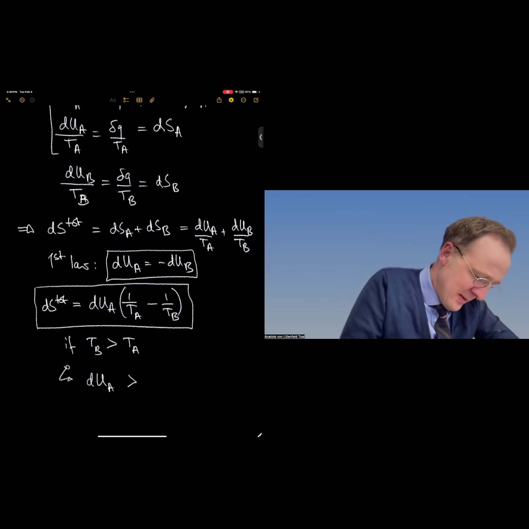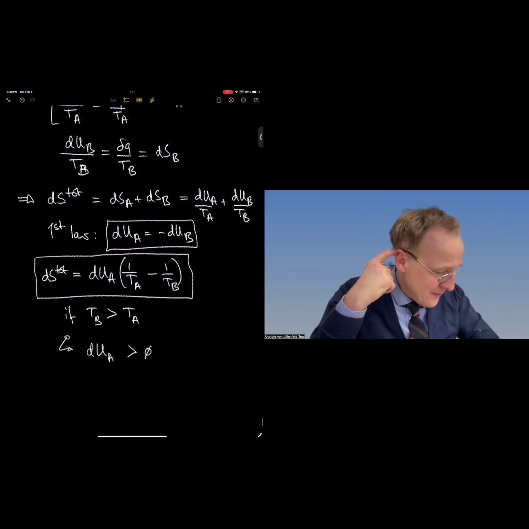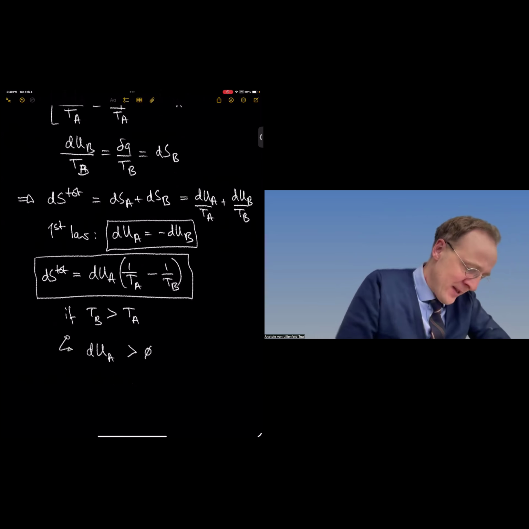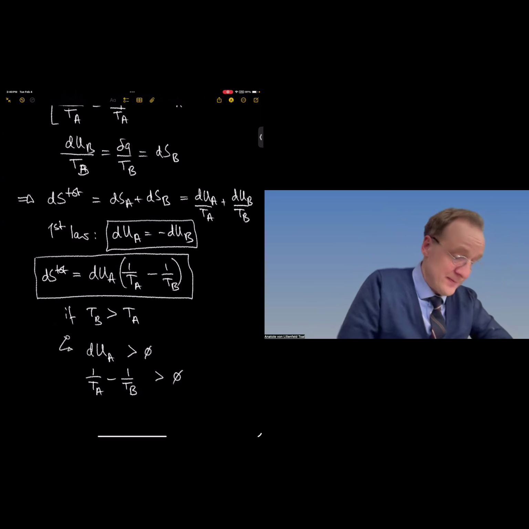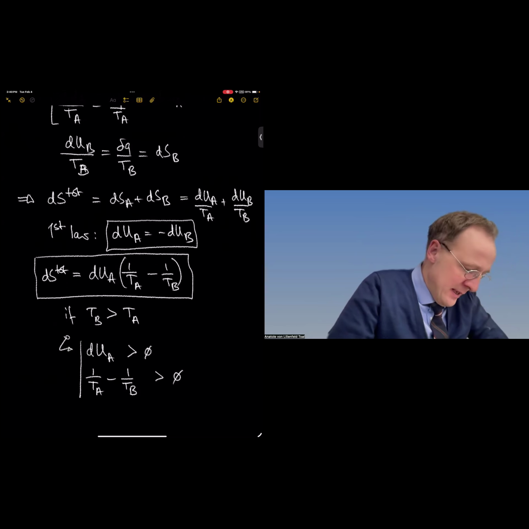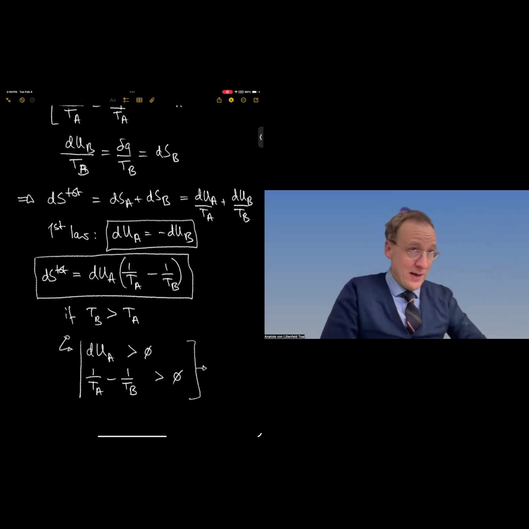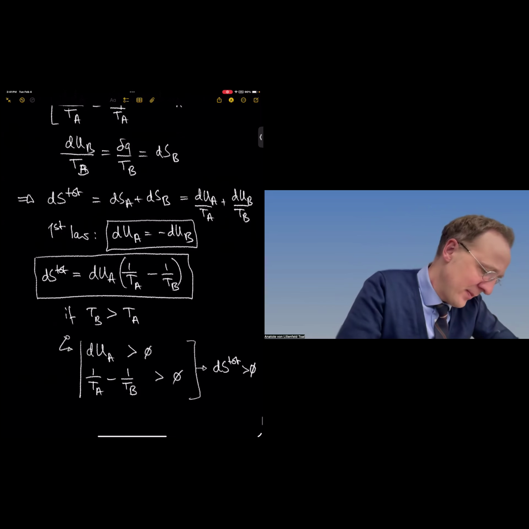So dU_A will be larger than 0. If TB is larger than TA, then 1 over TA minus 1 over TB will also be larger than 0. And that then means I multiply a positive number with a positive number, and my dS_tot is larger than 0.